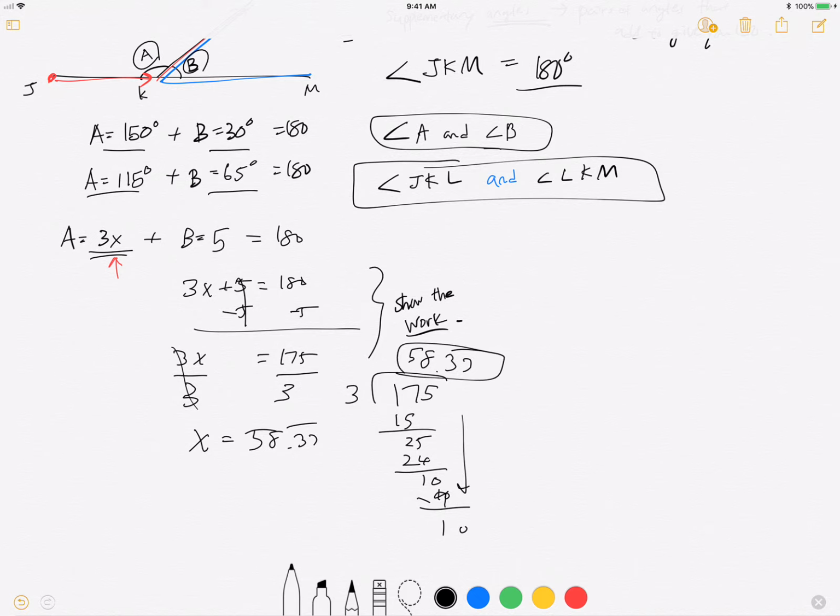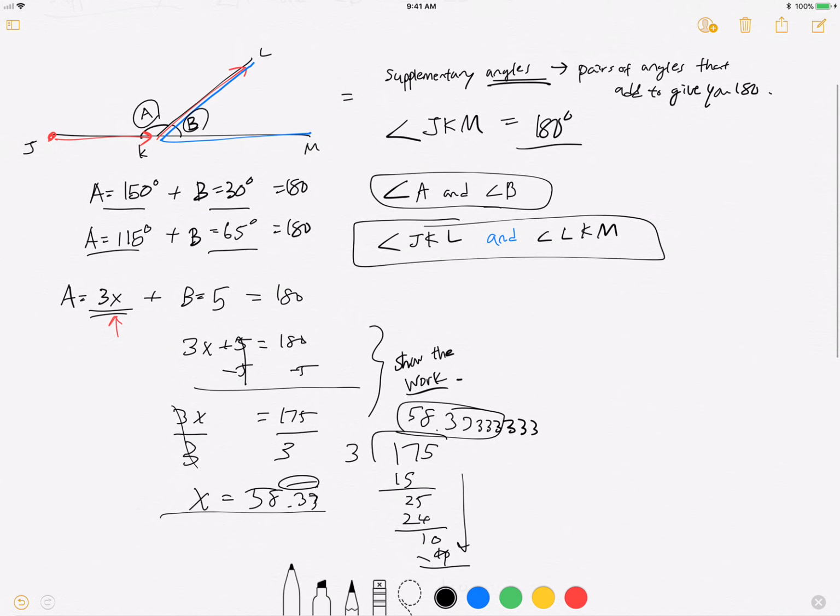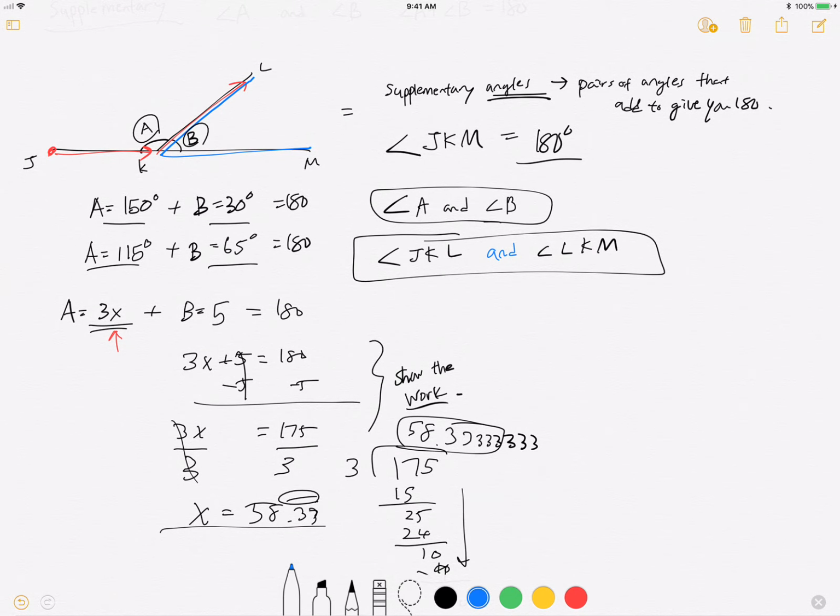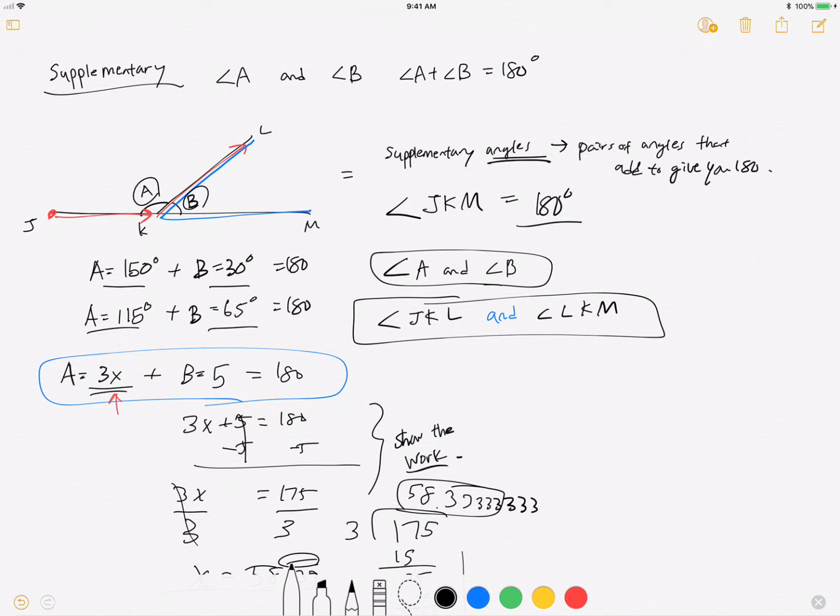You know how it goes. So 58.33, and I leave a little dash mark here notating that this will go on forever. Don't believe me, just use your calculator and figure it out yourself. So this will be the algebra portion that you will be doing if I were to ever give you a question like that. Okay? So recap.